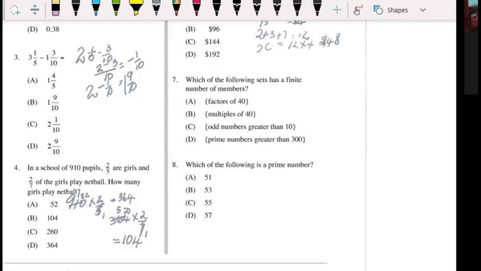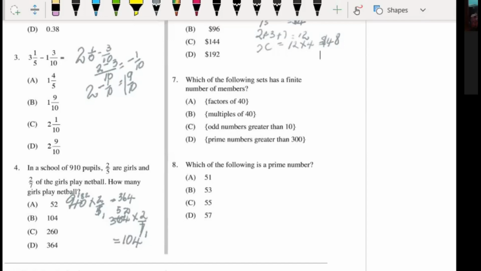Now let us look at what we have here. Factors of 40. Is there a definite number of factors of 40? Yes, there is. So right now, forget the answer. The answer would be A. But let's investigate the others. Multiples of 40.